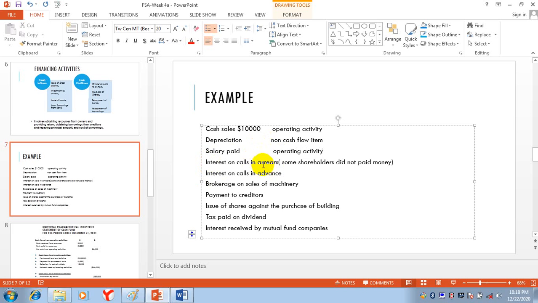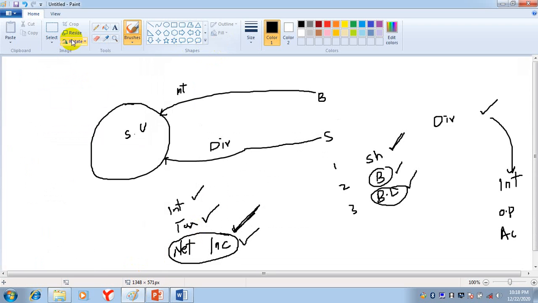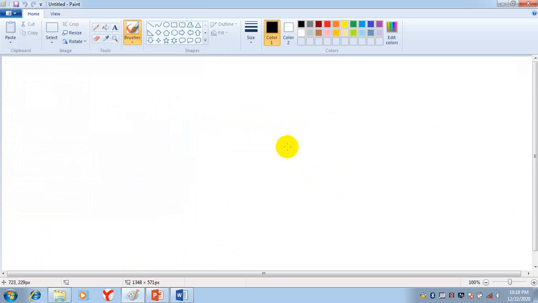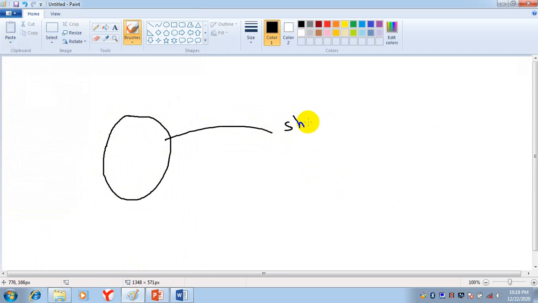Interest on calls in arrears. Now what is this basically? Suppose this is a company and this company is issuing shares. Some companies receive the money from the shareholders in installments.